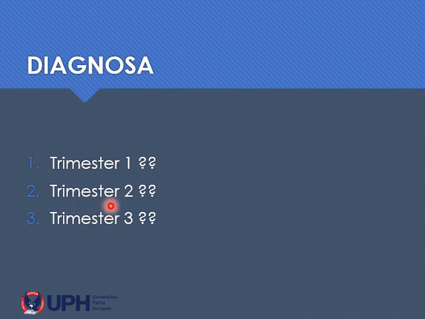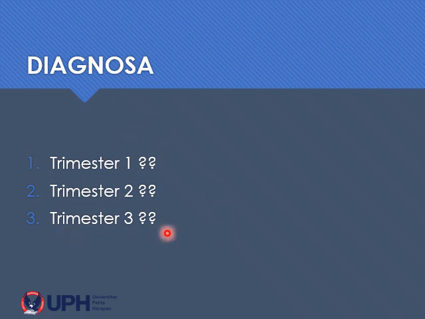When moved to trimester 2, the mother will still feel fatigue, won't be able to walk so fast, and have the tendency to want to sleep all the time. And once the mother moves to trimester 3, she has a lot of energy to do everything, but then she has the bump, so she needs to adjust the way she performs her daily needs.